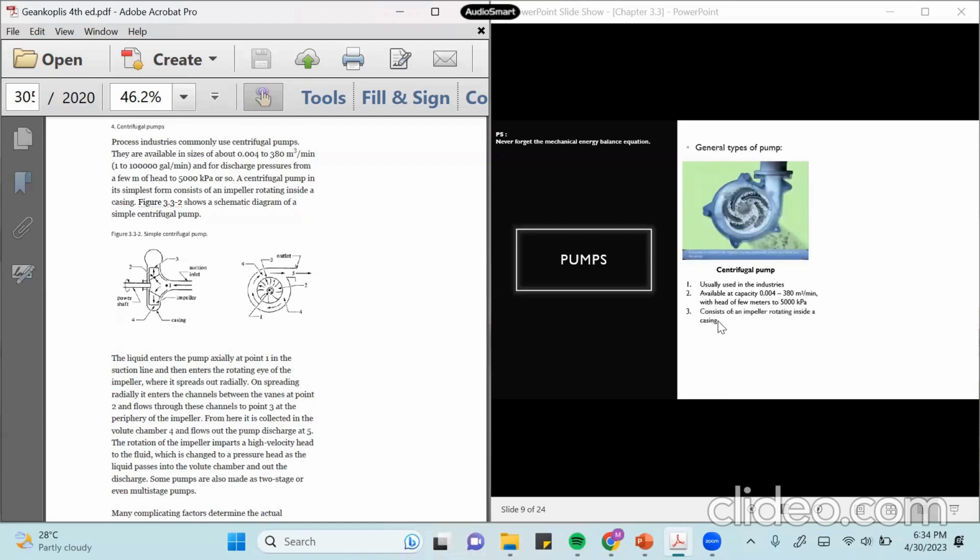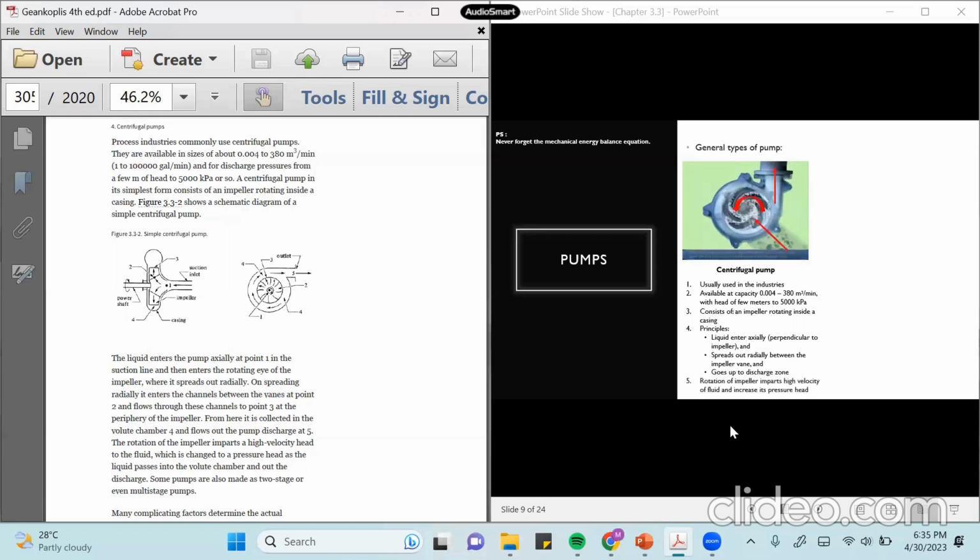Now it consists of an impeller rotating inside a casing, as you can see on the GIF. The principle is the liquid enters axially, perpendicular to the impeller, and then it spreads out radially between the impeller vanes, and finally it goes to the discharge zone.